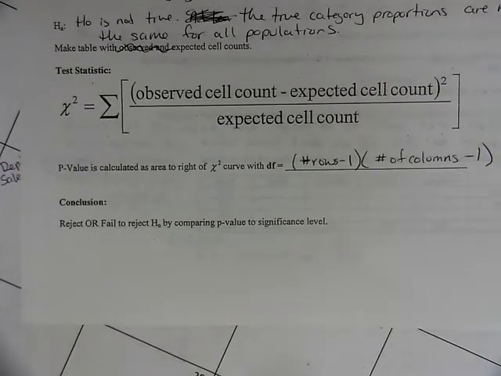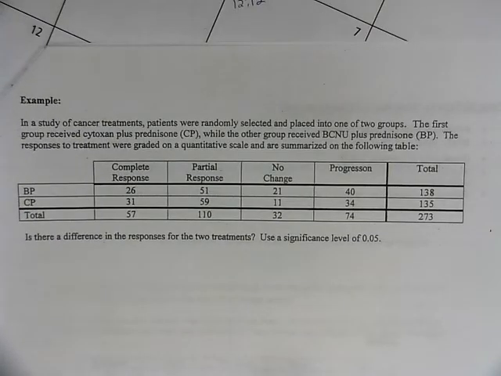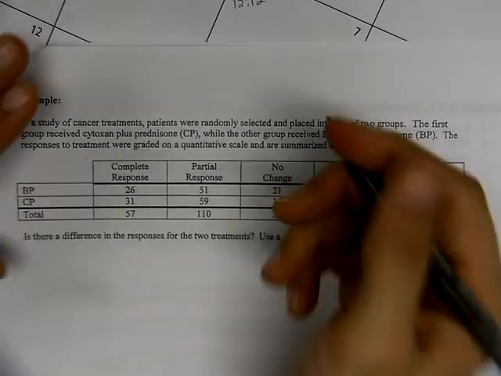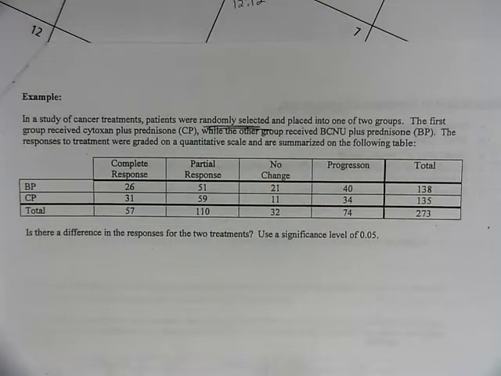Okay. You ready for an example? We only got one today. So, in a study of cancer treatments, patients were randomly selected and placed into one of two groups. The first group received, I'm not even going to try and say those words, CP, while the other group received BCNU.